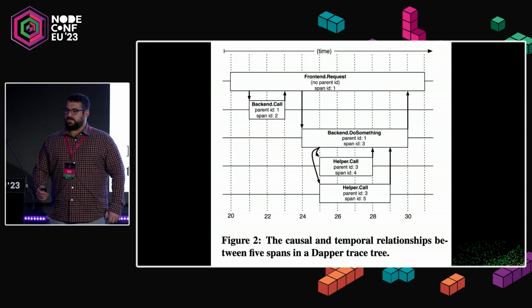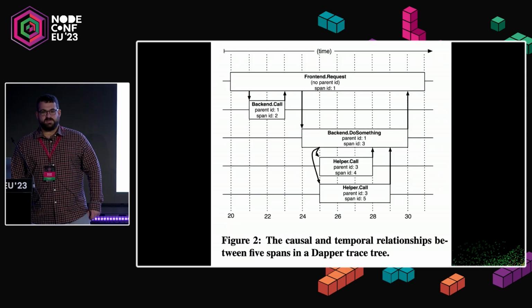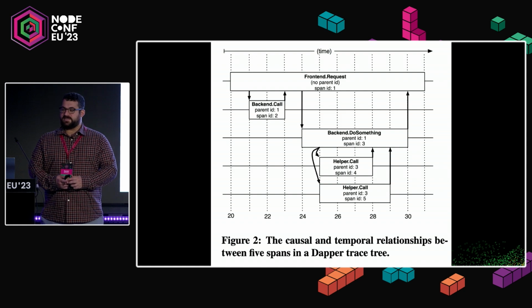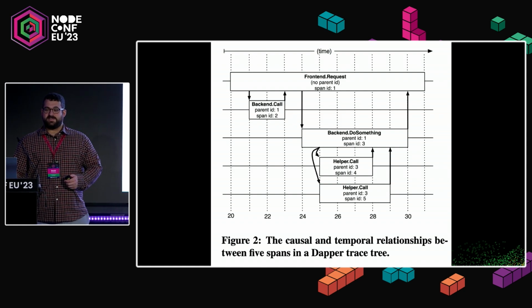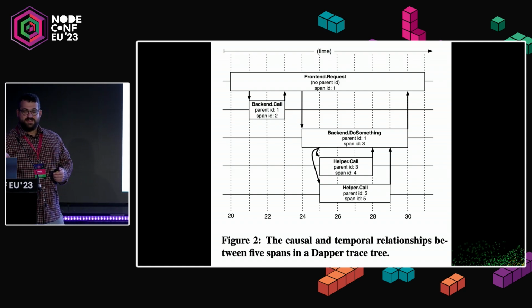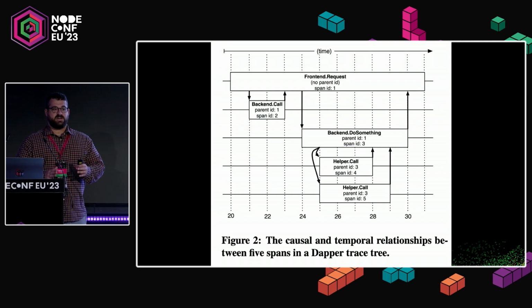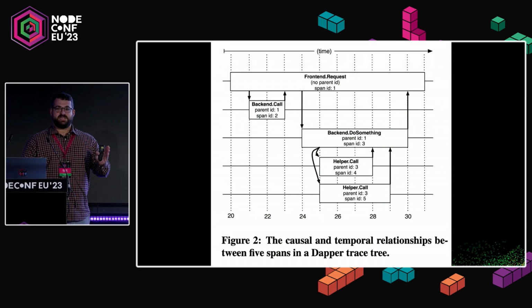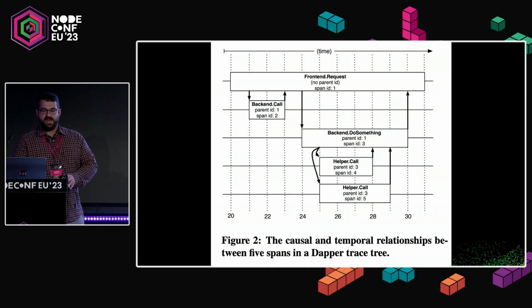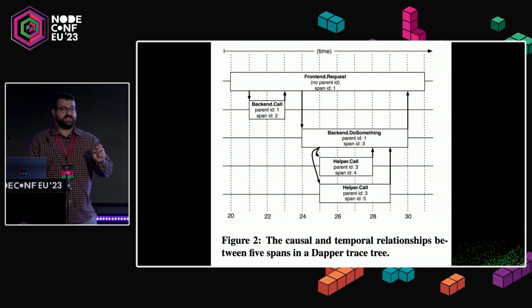What you can do with OpenTelemetry is each of these servers has a log: the log for A, B, C, D, and E here. Those servers log spans. They log when something starts, when something ends. The logs contain a span ID.